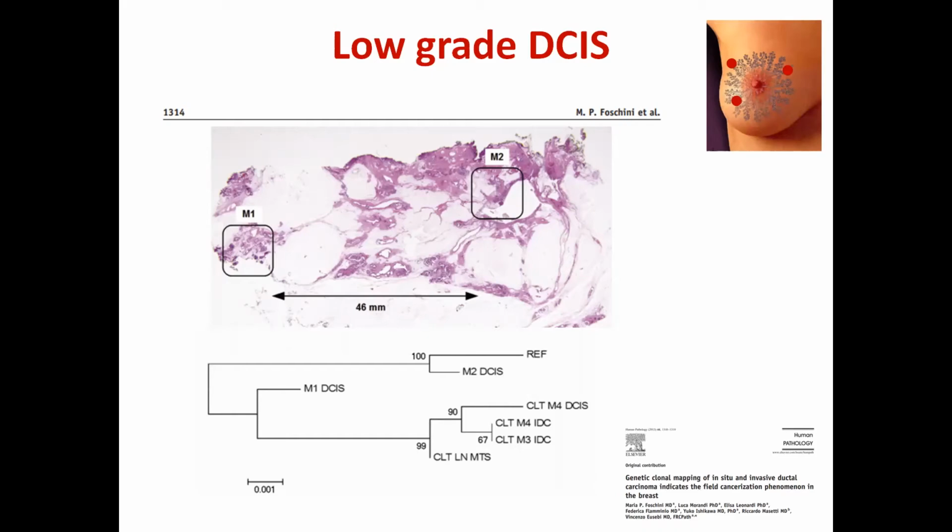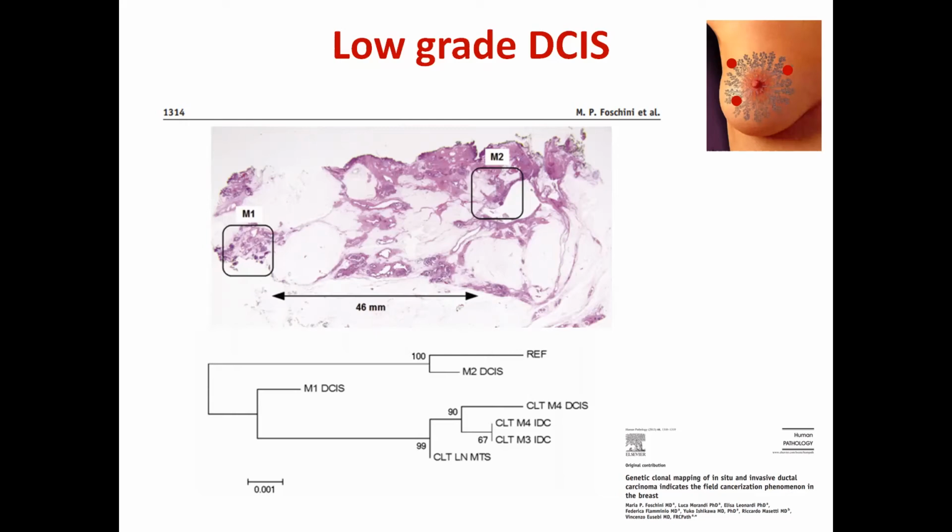Tumors that are clonally unrelated are in different branches. So you see that we have DCIS in this branch. Reference is the control, internal control. We have in this branch one DCIS focus, then we have another DCIS focus in another branch, and then we have a contralateral breast cancer in situ and invasive, completely separated. So this means that this patient had at least 3 different cancers. That means 3 different lobes involved by cancer.